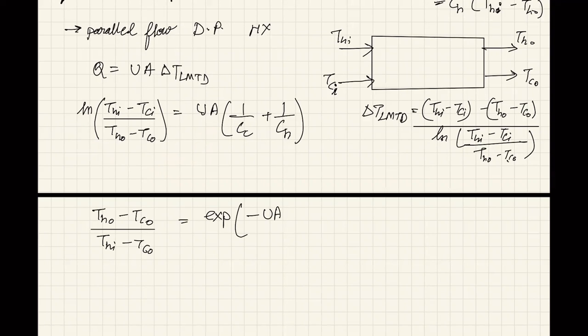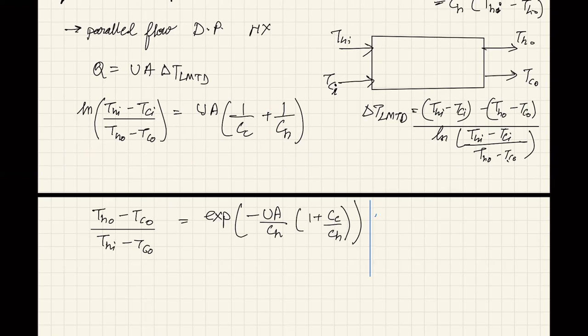Now, to simplify things, I multiply this by CH, I multiply this by CC, and I try to take out CH in common. So UA by CH times 1 plus CC by CH. Let me make a line.